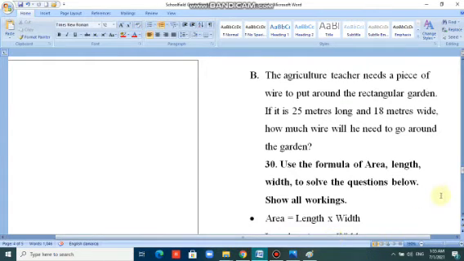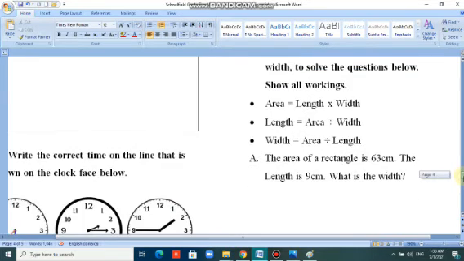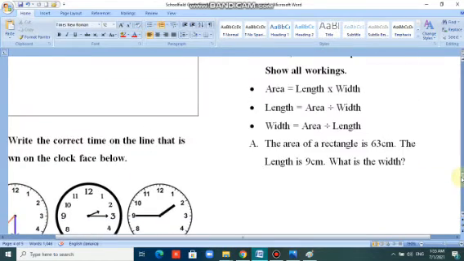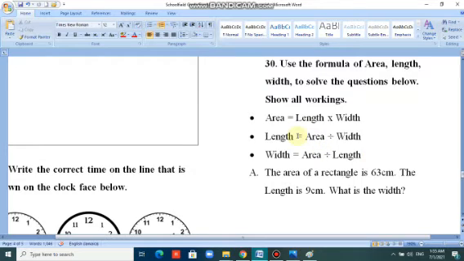Good. So 30 now, it says use the formula of area, length, width to solve the questions below. And show all workings. They want you to show all workings, master. So here is the formula. Area equals length times width, length equals area divided by width, width equals area divided by length.